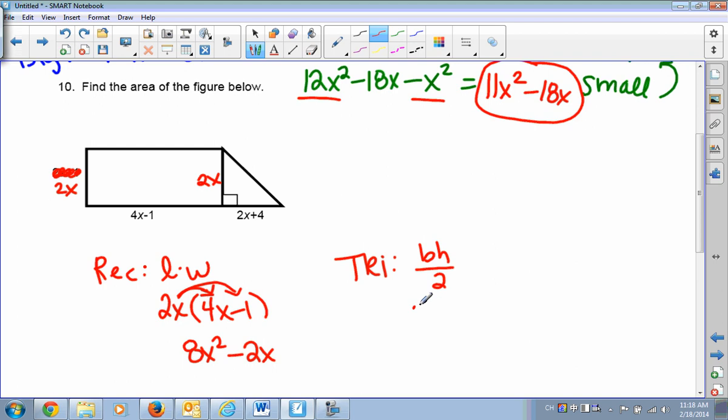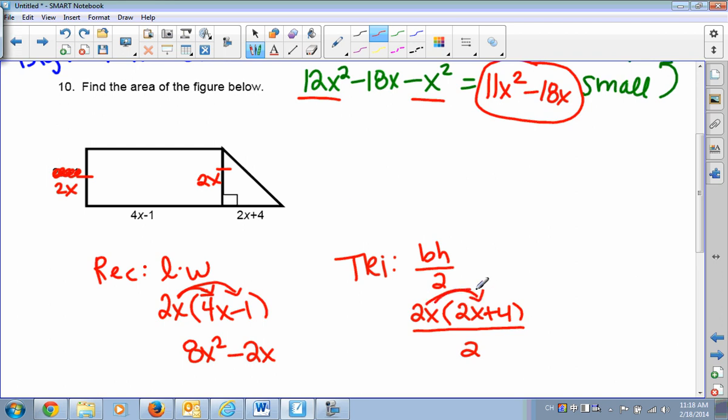So I'm going to put my 2x first, times 2x plus 4. Does it matter that I did the 2x first and then the 2x plus 4? No. And then at the end we're going to divide by 2. But where do we get the 2x from? Right here. It's the same as this height here, because it's a rectangle. And these two sides are congruent in a rectangle.